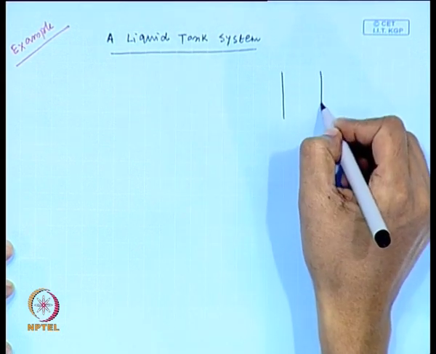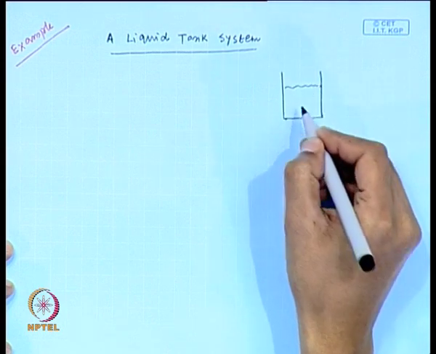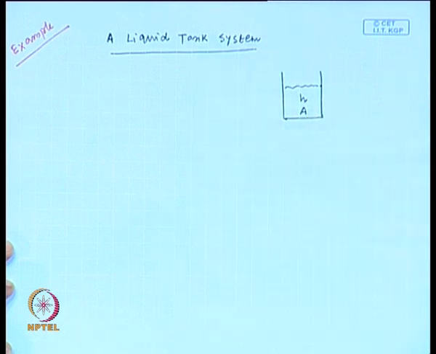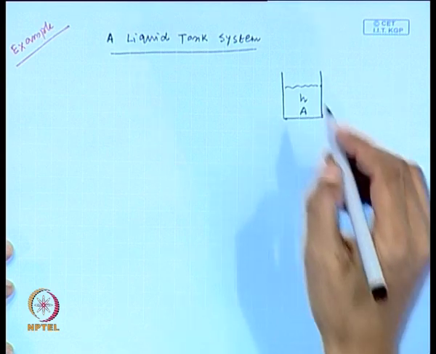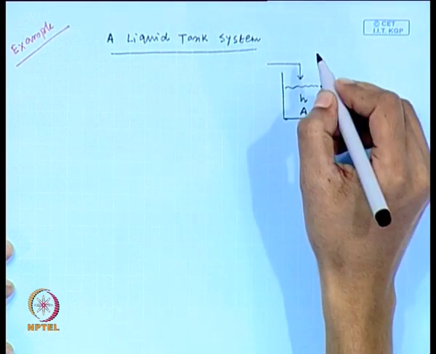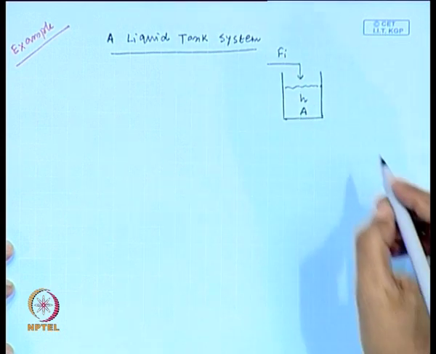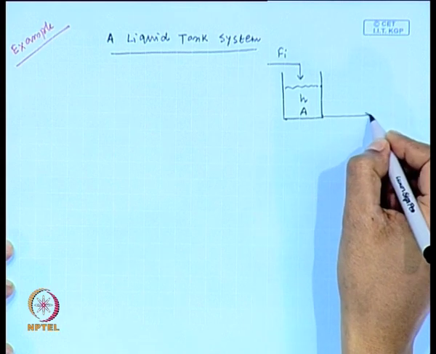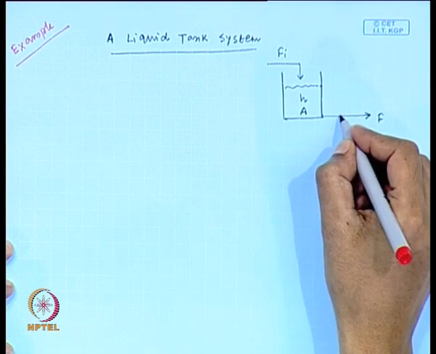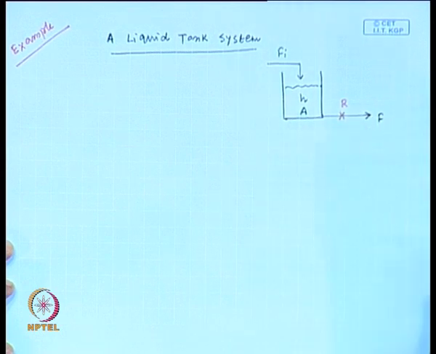This is a liquid tank. Height of this liquid is h. Cross sectional area of the tank is suppose A. Input is entering the tank with a flow rate of Fi and output is F, and here we are considering resistance, that is R.